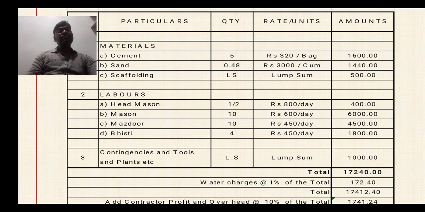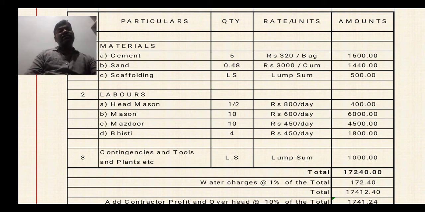Sand 0.48 at 3000 rupees per cubic meter, 0.48 into 3000, 1440 rupees. Scaffolding lump sum 500.